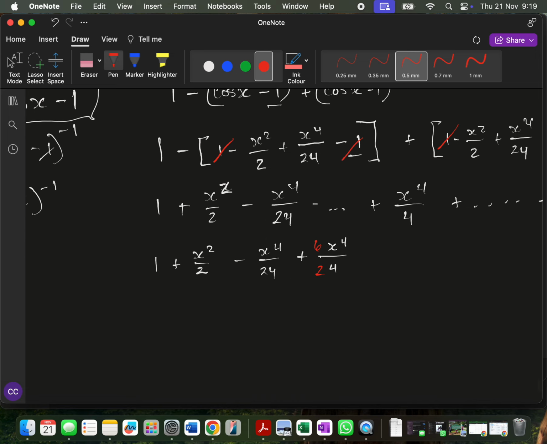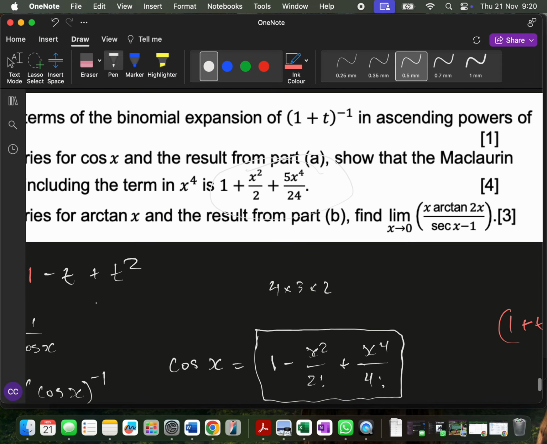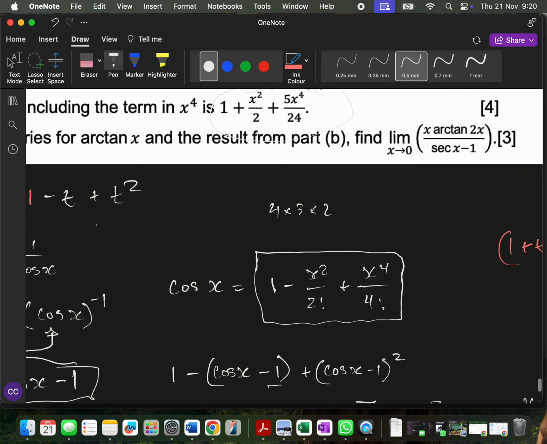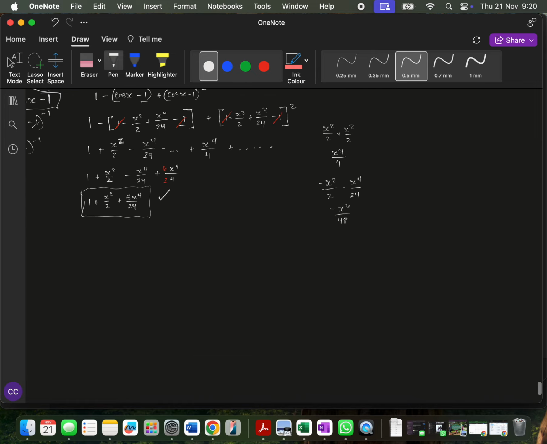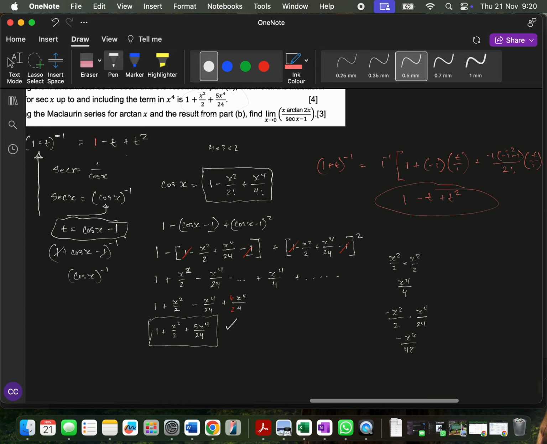So that's going to give me 1 plus x squared over 2 plus 5x to the 4th over 24. And I think that's exactly what we were looking to get to. So that is part B, done and dusted. Right. The next question.